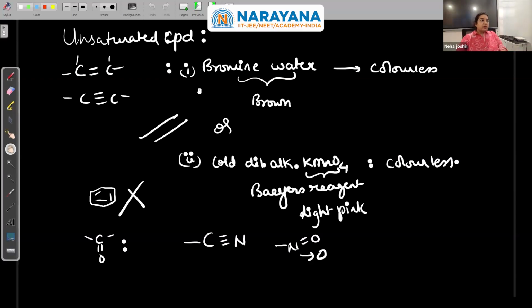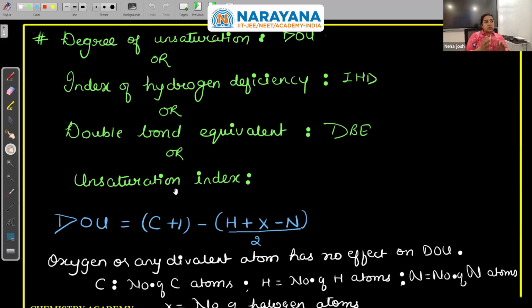There is a formula, but how do we use it? Do we depend on the formula? I'll say not always. We have to be very open in how we use this concept. First, let me differentiate what an unsaturated compound is and what degree of unsaturation is.